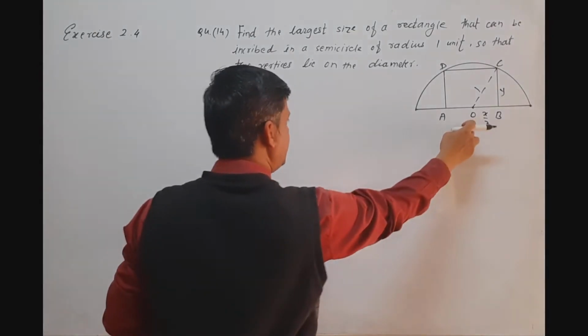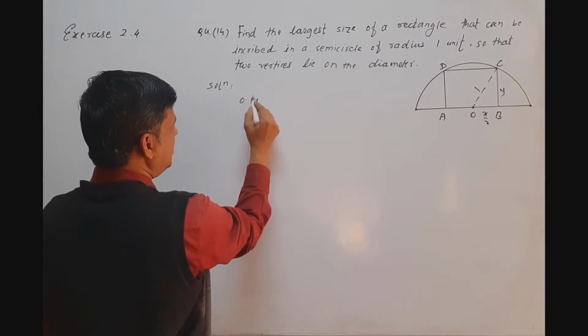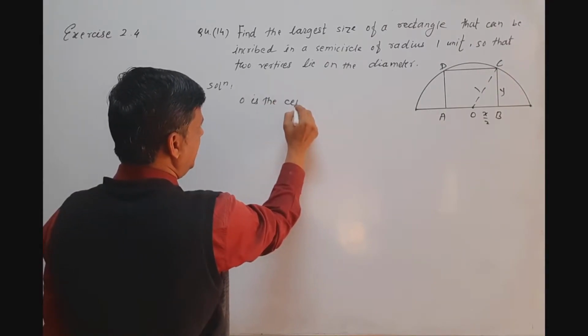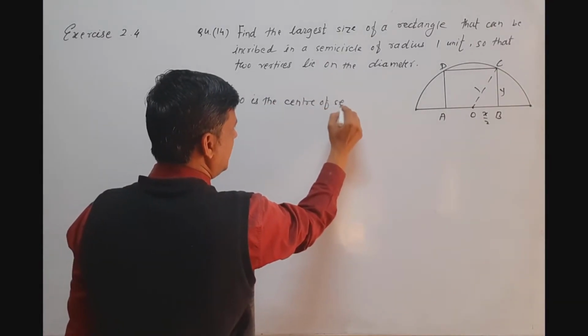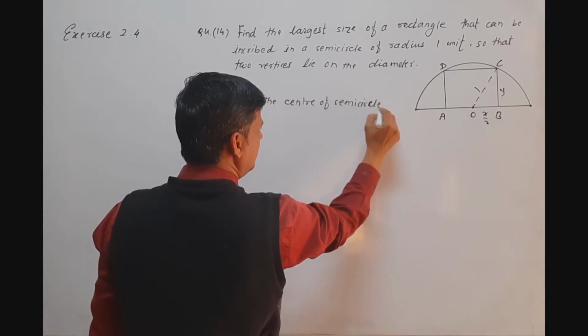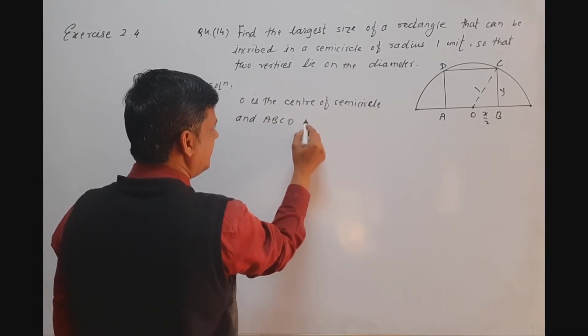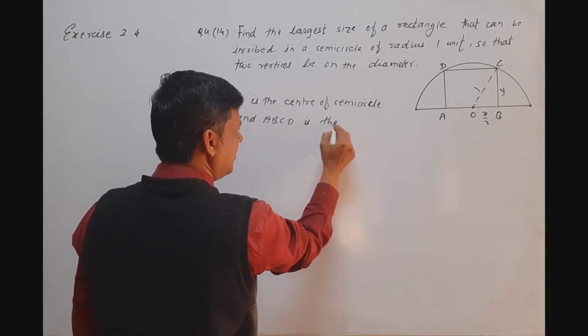Now here O is the center of the semicircle, and ABCD is the rectangle.